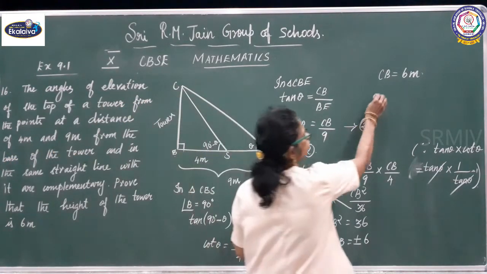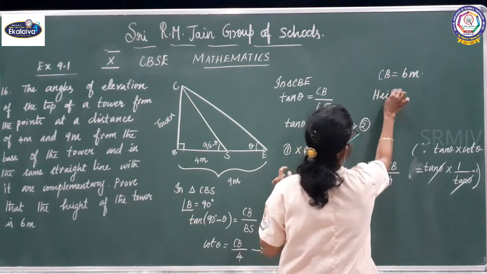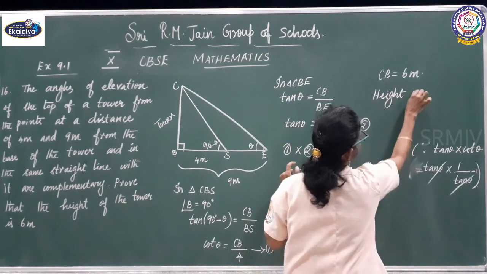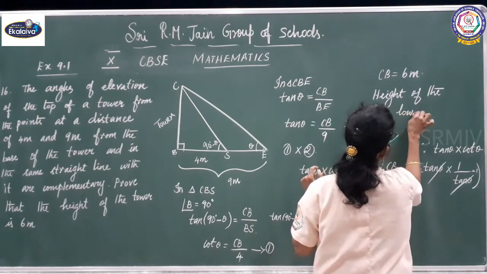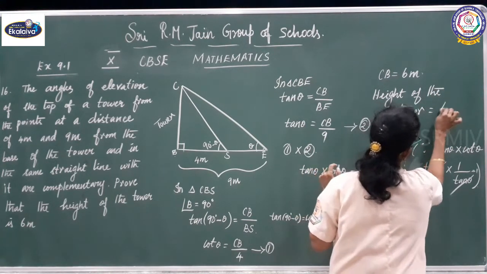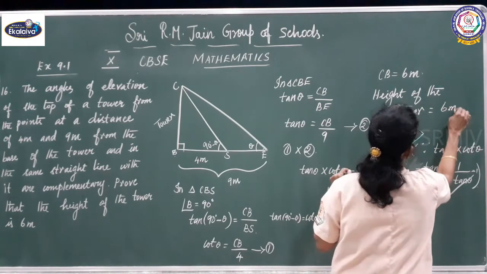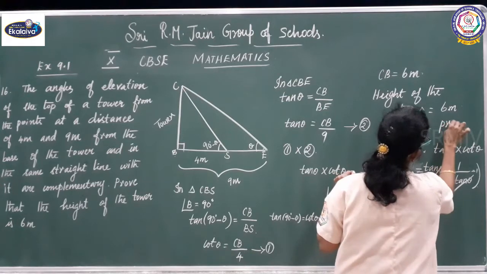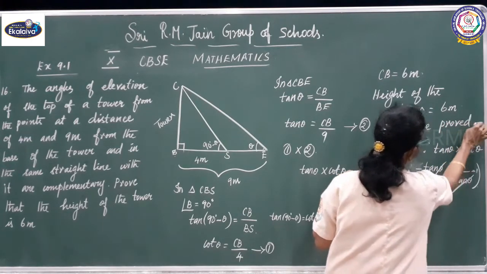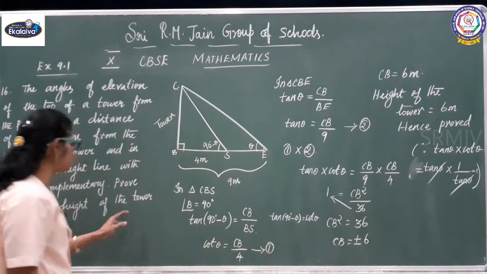CB. Height of the tower equal to 6 meter. Hence proved. Got it, children? Already it is given the height of the tower is 6. That we proved.